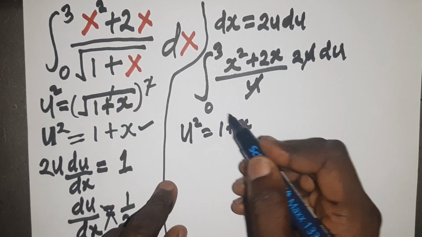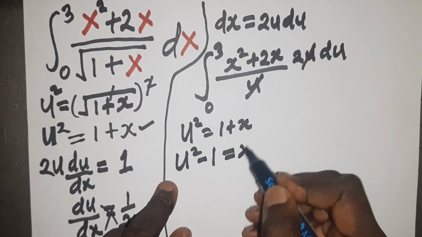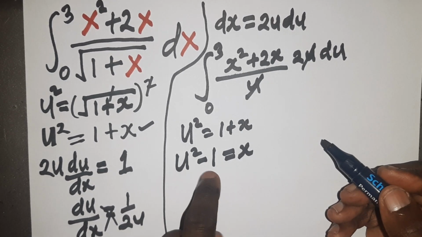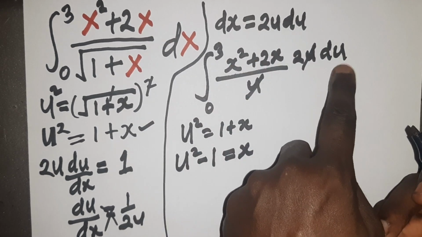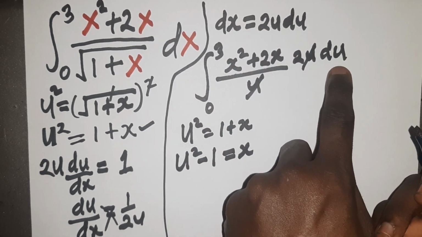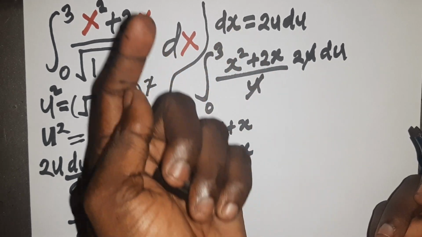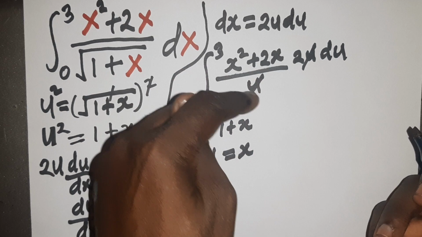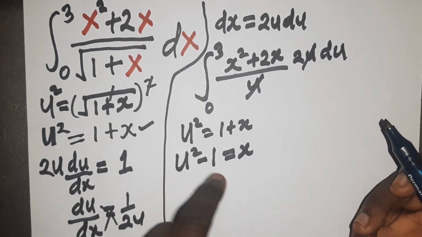Then if I make x the subject, I have u squared minus 1 equals x. So x equals u squared minus 1. So anywhere there's x, I'll fix u squared minus 1 so that it will blend in with what we are integrating with respect to, which is u. We can't have x and then expect to differentiate with respect to u in this case. So let's do that. Anywhere there's x, I will fix my u squared minus 1.